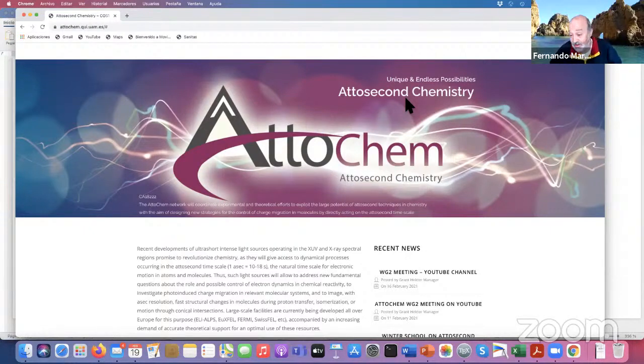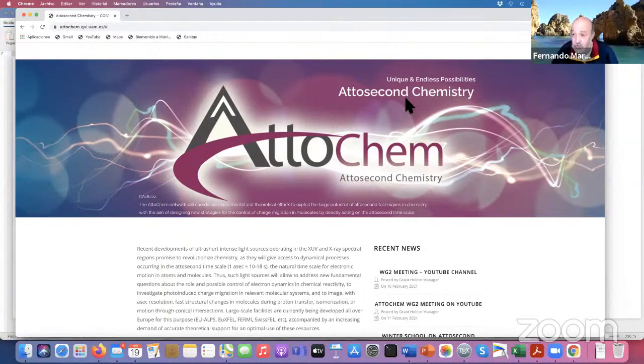The deadline to register for that school is today at midnight. So you still have a few hours to do it if you are interested. There is another school that will take place from 22 to 26 March, about new computational methods for Attochem molecular processes. Unfortunately, the registration for this school is already closed because there was an avalanche of applications.